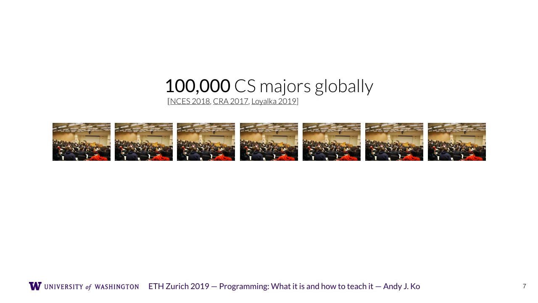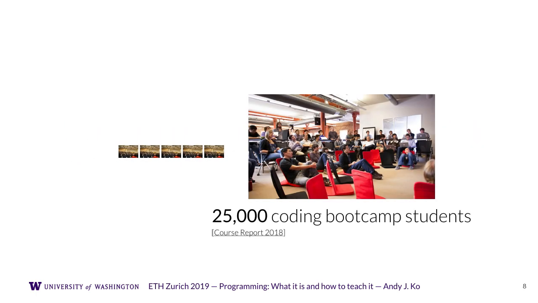But what I want to point out is that this is not just about computer science in higher education. It's not just about colleges and universities, even. There are now 25,000 coding bootcamp students. This is growing as well. Soon, it's going to have just as many students as higher education. But of course, it's not just about bootcamp students either.